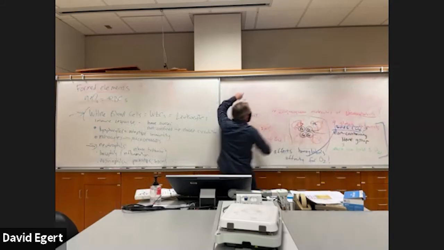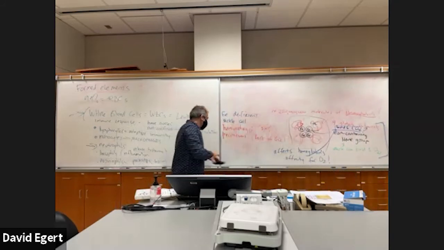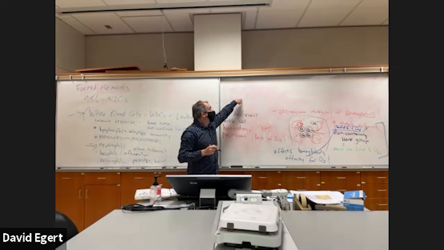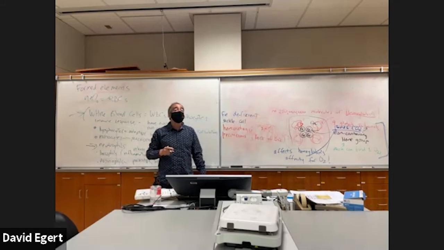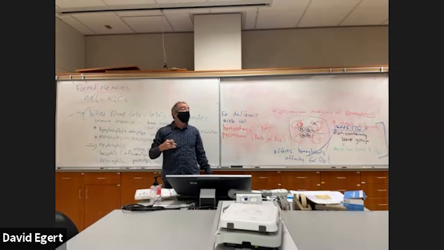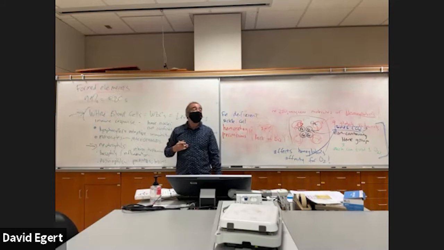Well, I did mention this before, but it's worth adding in at this moment. Red blood cell production obviously is going to be modulated by the body's status on oxygen delivery. If oxygen delivery is kind of low, that's going to cause the kidneys to release this stuff called erythropoietin, and that's going to upregulate red blood cell production.